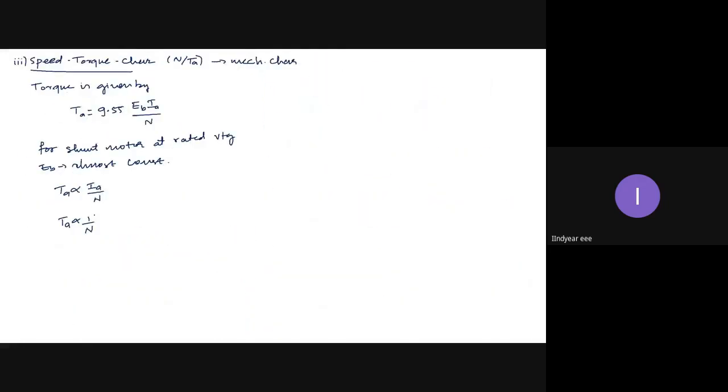The variation of torque with respect to speed is very minimum, because variation of speed with respect to armature current is very minimum, and variation of armature current is proportional to variation of torque. Therefore, as the speed is fairly constant in a DC shunt motor, the torque is also remaining constant, with respect to speed.